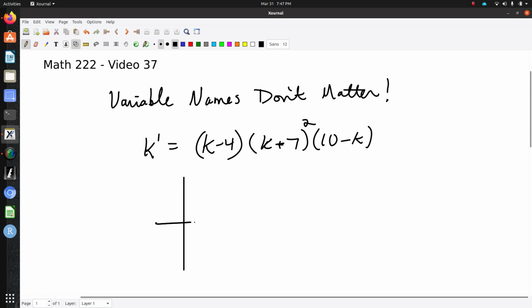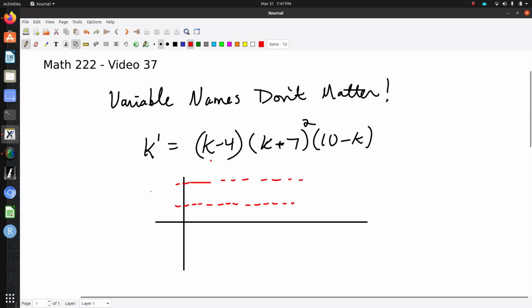And so here I don't have a k in here. They're all like either plus or minus something. So at k equals 4, we have some kind of equilibrium, right? And at k equals 10, we have some sort of equilibrium.